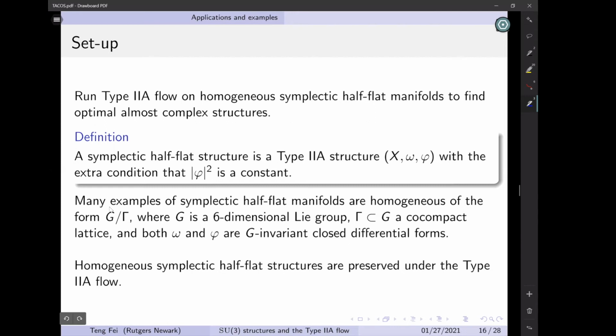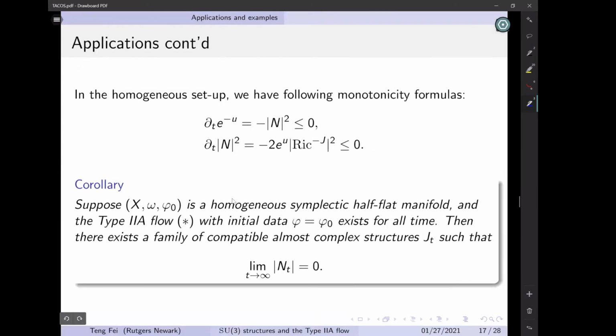So they descend to this quotient. And it's very easy to see that these homogeneous symplectic half-flat structures are preserved under the type IIA flow because the symmetry is preserved. Okay, so in this homogeneous setup, we have more monotonicity formulas.